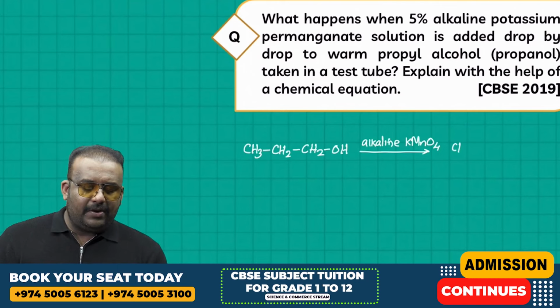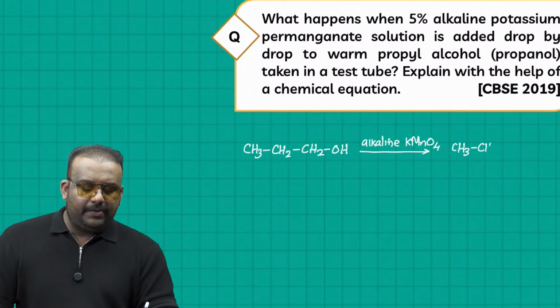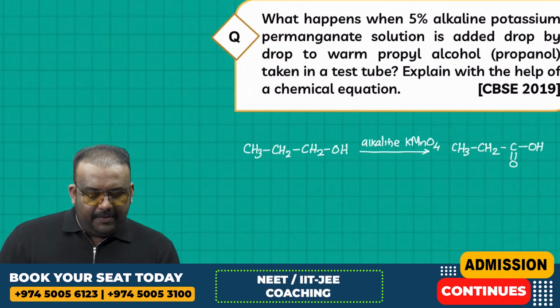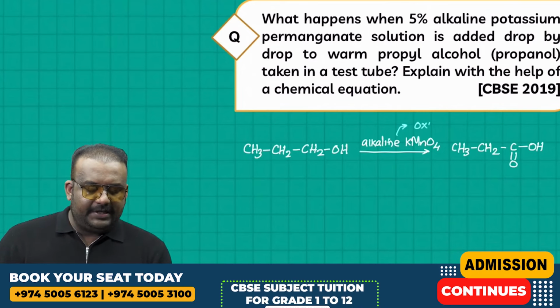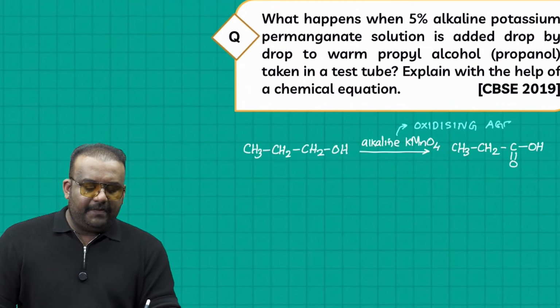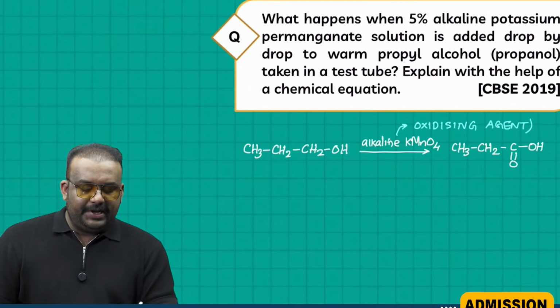The alcohol will be oxidized into carboxylic acid. That is the chemical reaction going to happen here. So, in this reaction, what is the role of KMnO4? KMnO4 is acting as an oxidizing agent.